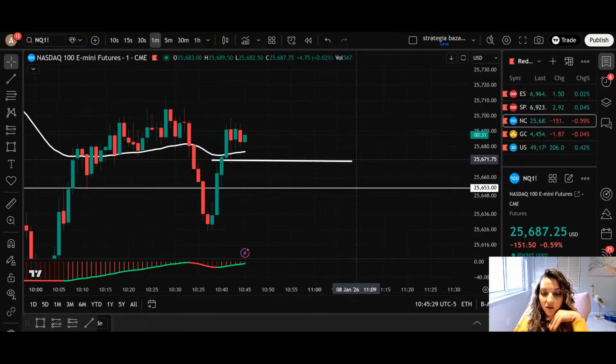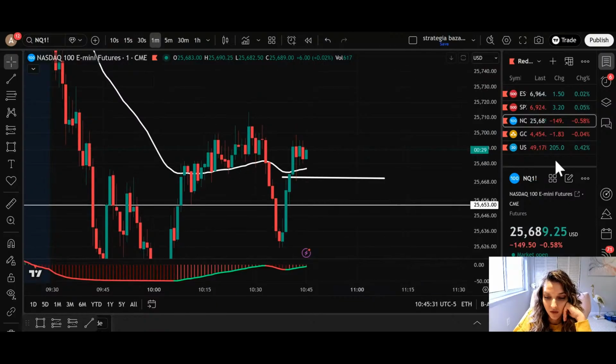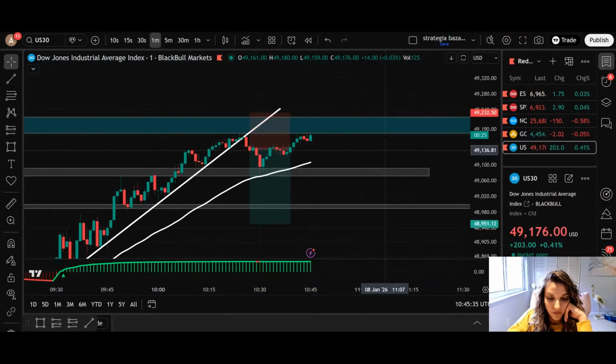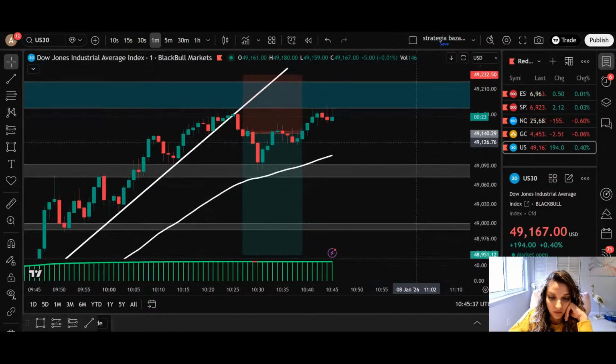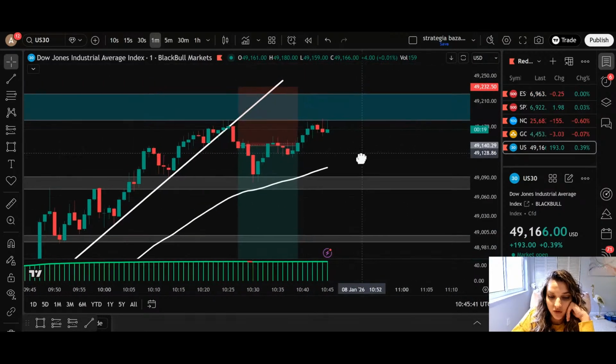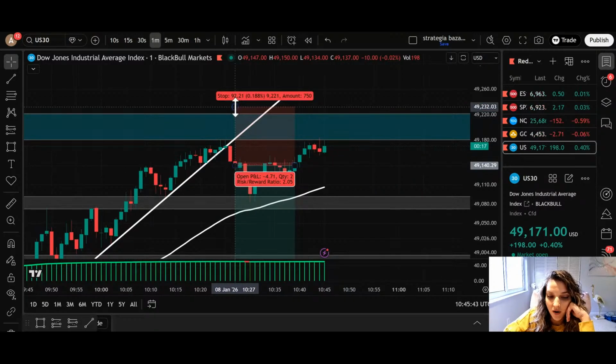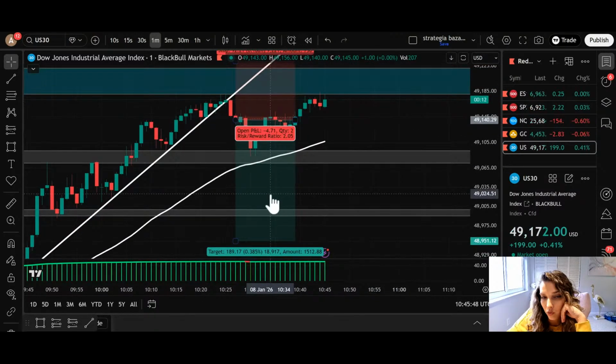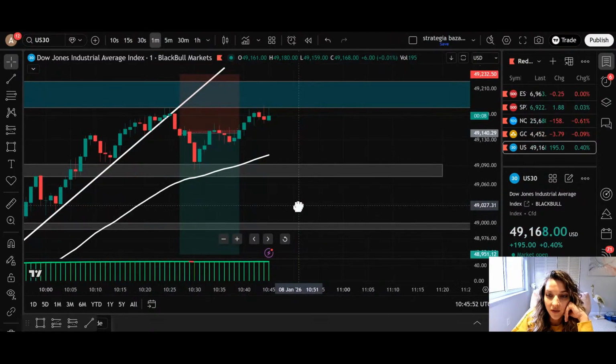The stop loss. If it's an area of support or resistance, I put the stop loss above or below the area and take profit 2. I always go for take profit 2. Also, if it breaks and retests, same, above the area.